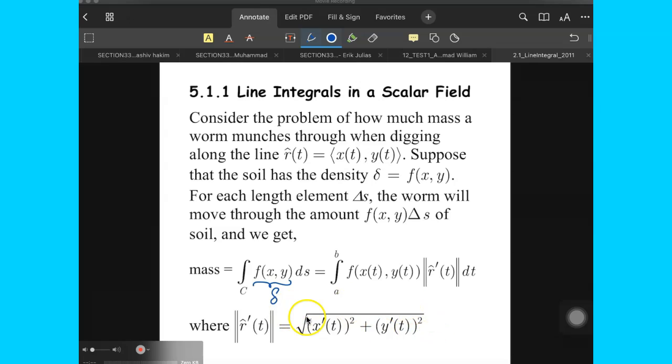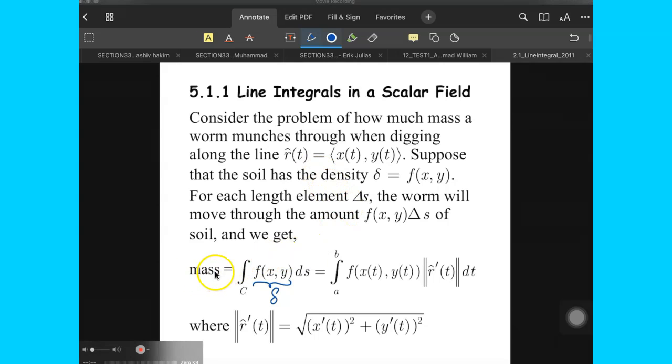As I mentioned before, for the line integral of a scalar field, we are actually computing the mass of what? For this particular case, we're assuming the mass of the worm munching through the curve given by the vector function r(t). Or instead of a worm, we have a very thin rope or very thin wire.